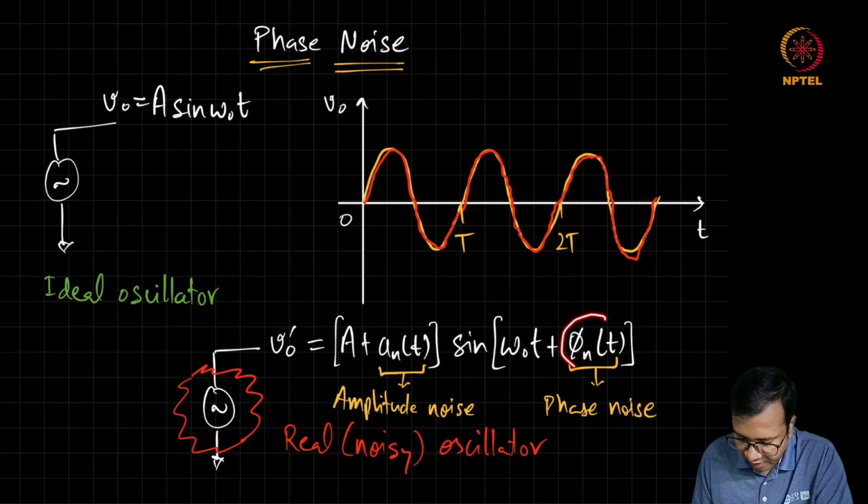This term phi n of t is called phase noise, and effectively it captures the deviation from the expected linear phase of an oscillator.